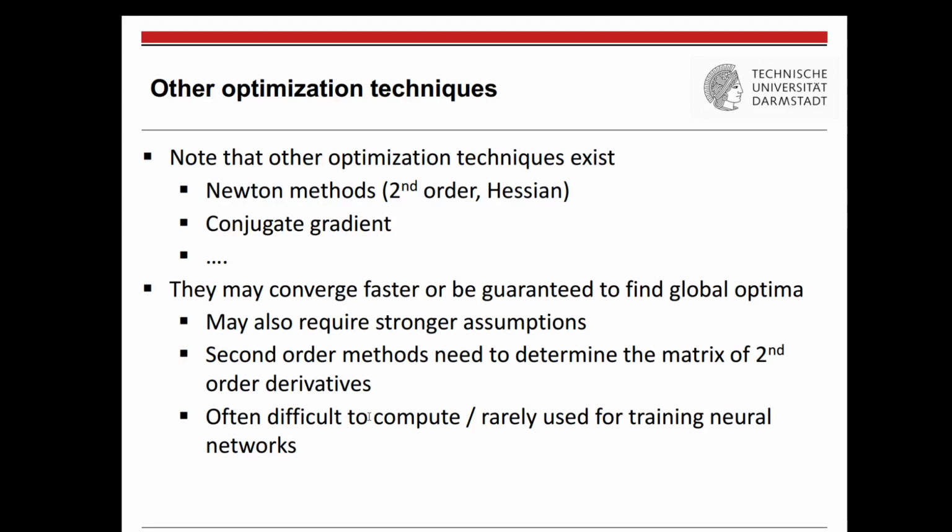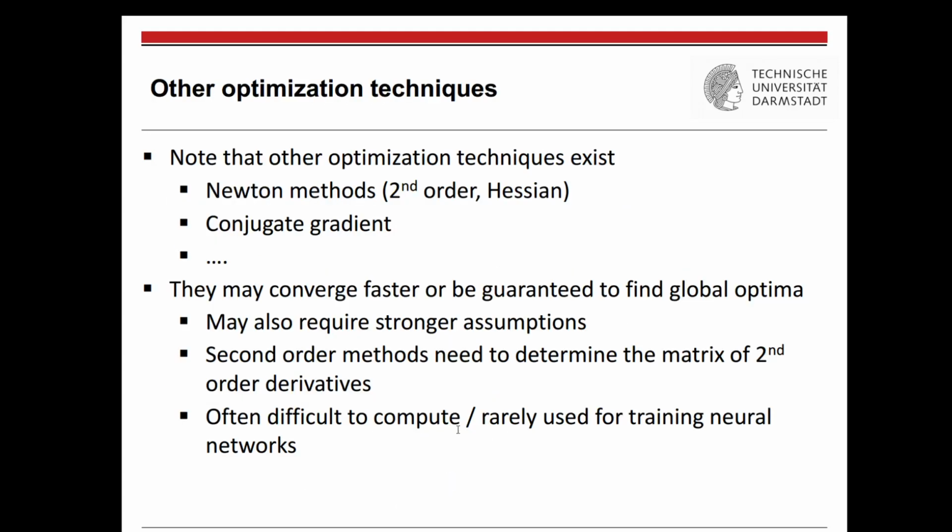It is guaranteed to find a local minimum if the learning rate, if this alpha, is sufficiently small, and it is one of the cheapest methods, or plausibly the cheapest method out there, that one can think of. So at the moment, this is still state of the art and used in almost all papers in applied deep learning.